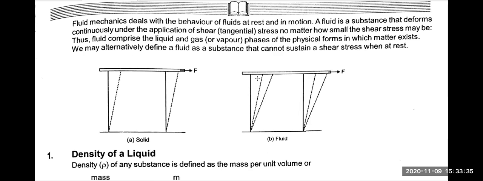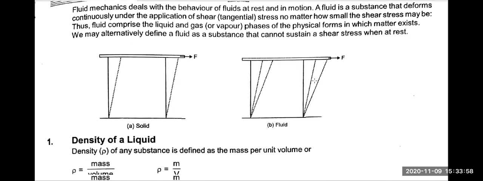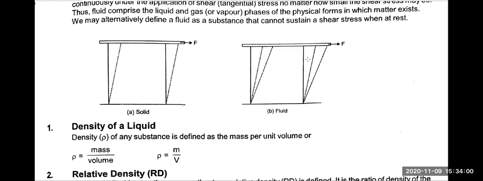If a layer of any object shifts or changes on applying shear force, then it is not a rigid object. So a fluid does not offer any resistance to shear stress.